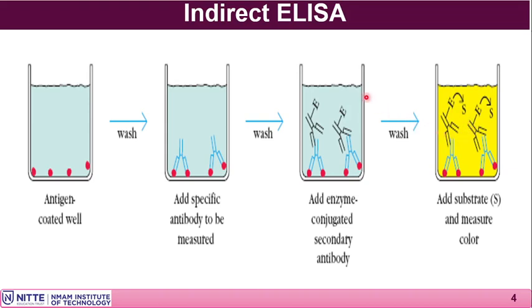If you had used the secondary antibody labeled with beta-galactosidase, the substrate to be added here is X-gal. If the secondary antibody was labeled with horseradish peroxidase, then the substrate to be added here is orthophenylene diamine plus hydrogen peroxide.